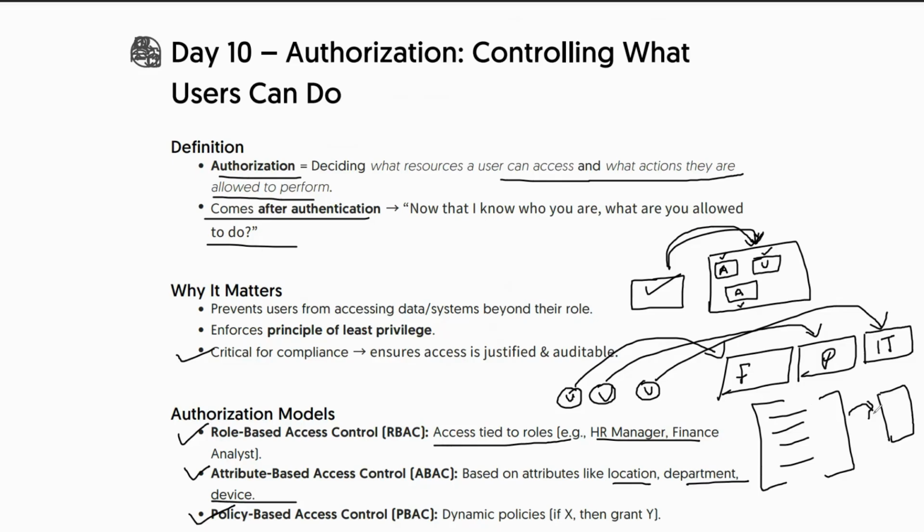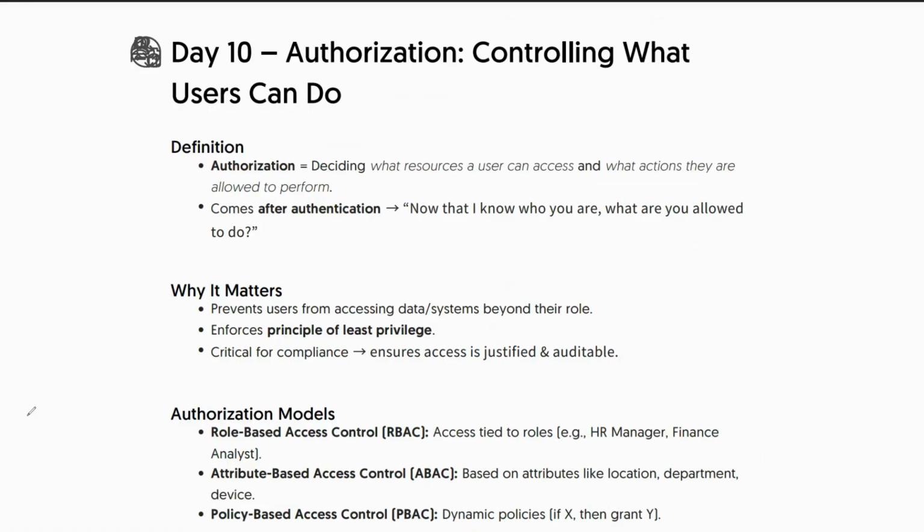Could be any role. Then if they are joining from India, there'll be a certain set of access they'll be getting, some India systems that they will be needing. If they are joining from the US, similarly. This is how you are creating attribute personas. Policies: if X set of users are joining, then you grant them Y access. You've created a policy, and based on the policy, you're giving them access.